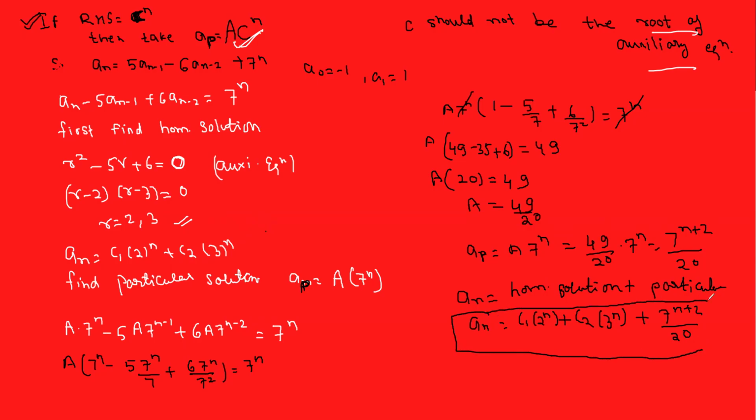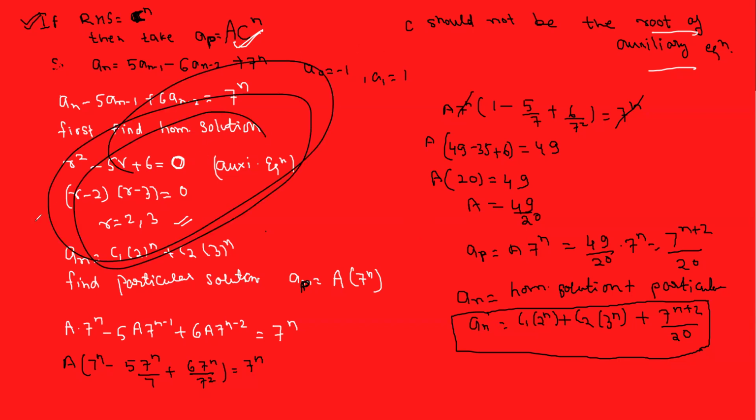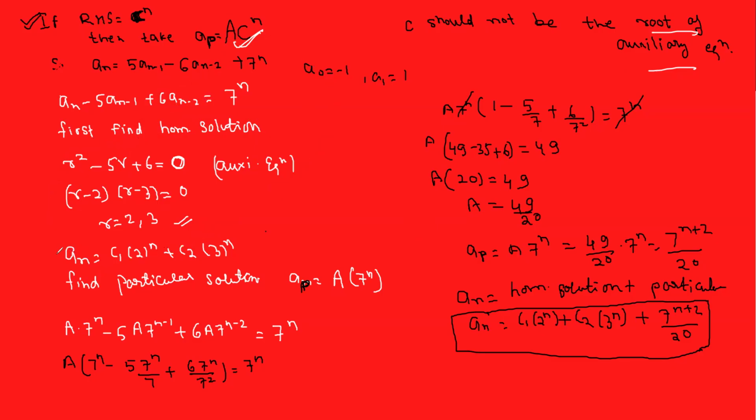Okay. But conditions are also given. So you have to find C1 and C2. First write up to here. There is no change in finding the homogeneous solution. We have already discussed this previously, right? Yes.